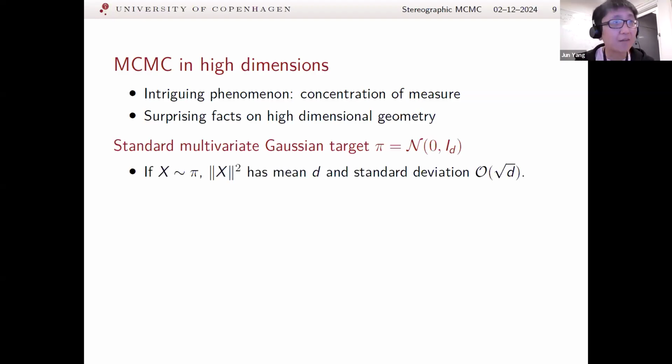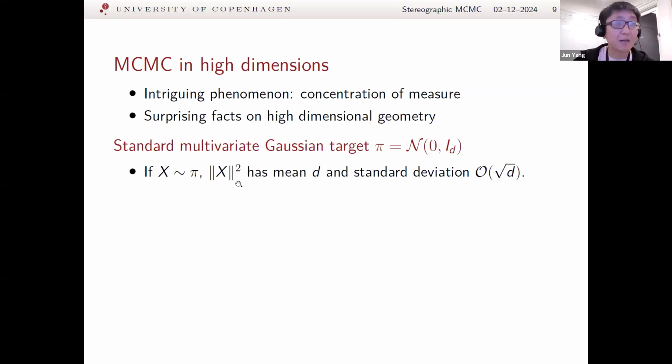For example, if we have a target which is the standard multivariate Gaussian, but with a very high dimension d, and we draw a sample from this target, you can easily verify the squared norm of this sample can be written as a sum of each coordinate squared, and each coordinate squared is an independent chi-square random variable with degree of freedom 1.